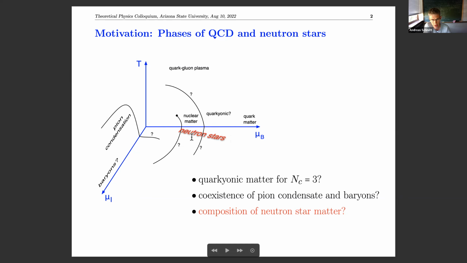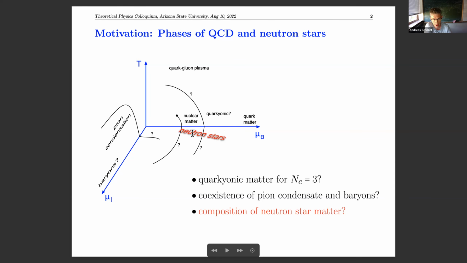I put them somewhere down in T, but nowadays with gravitational wave signals from mergers, we could even probe into the large temperature direction, say almost up to 100 MeV. But more importantly, neutron stars don't live in the T-mu_B plane, but somewhere here in the T-mu_B-mu_I space.